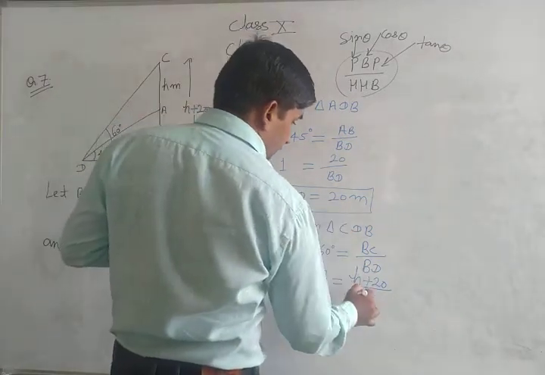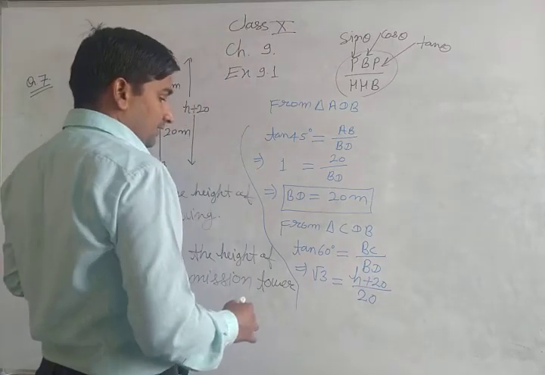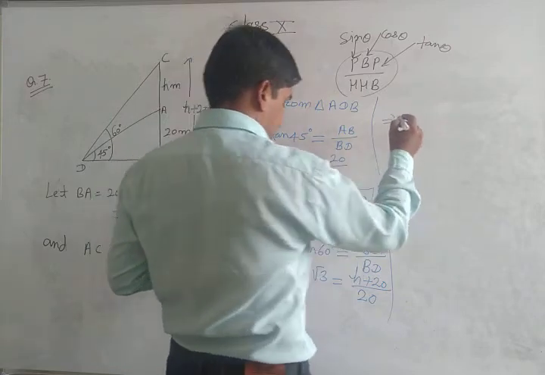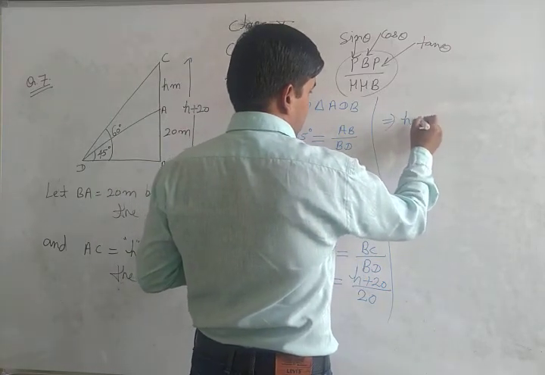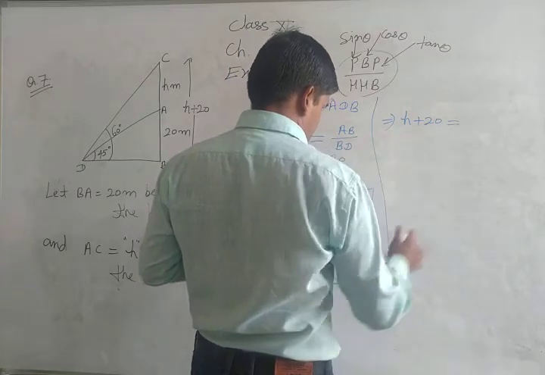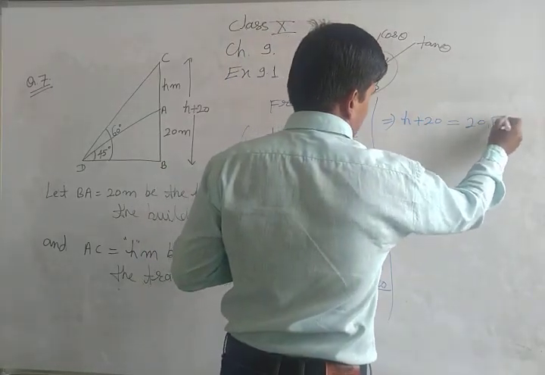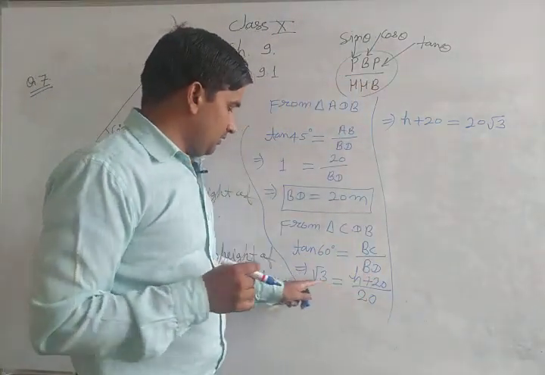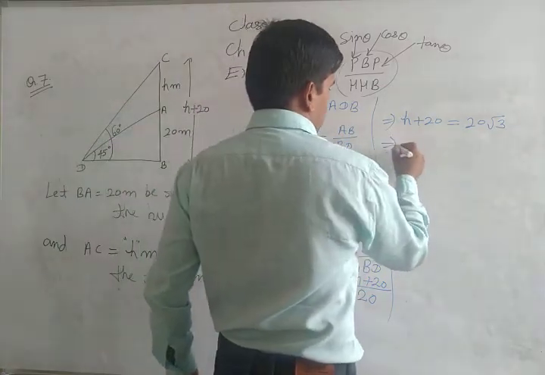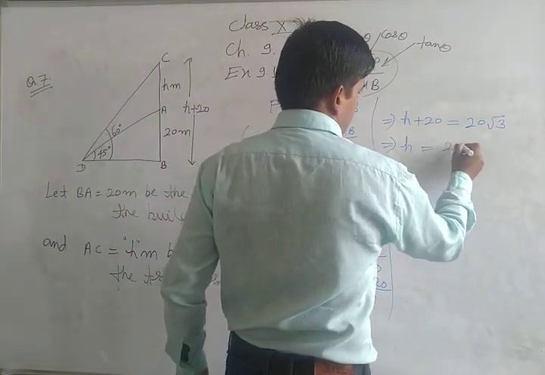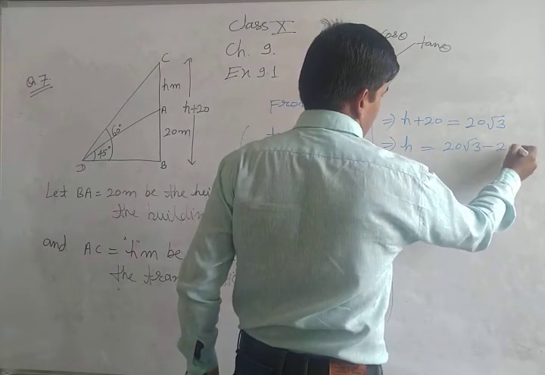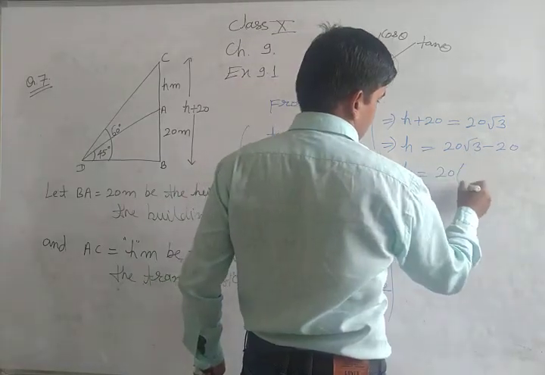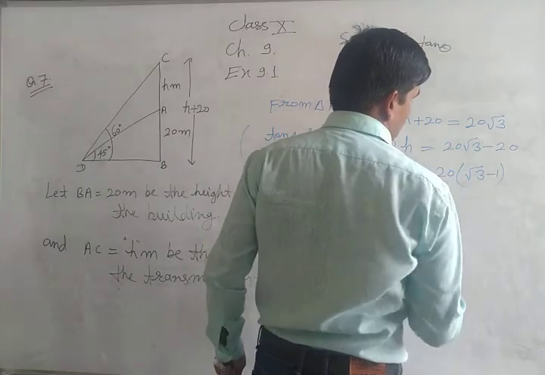BD is 20 meter. Clear? Okay. Implies that h plus 20 equals 20 multiply √3. Implies that h equals 20√3 minus 20. Implies that h equals, we take common 20, and (√3 minus 1).